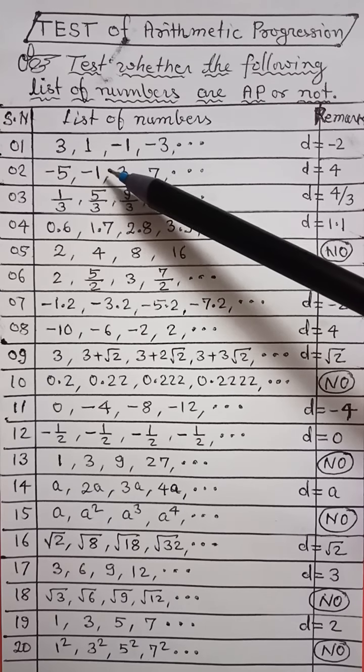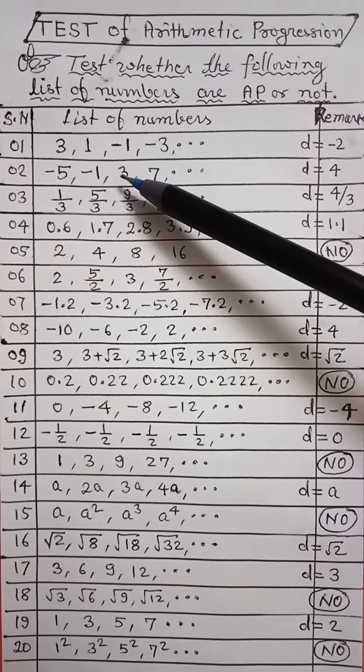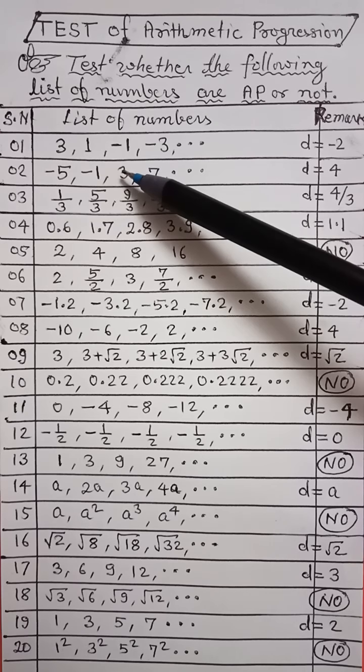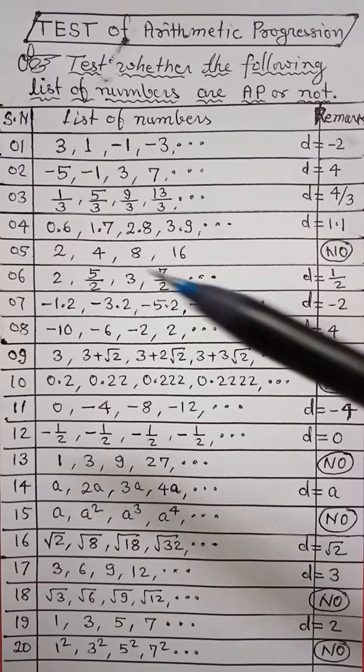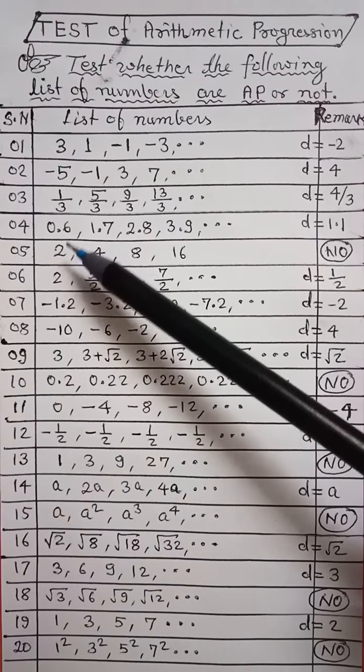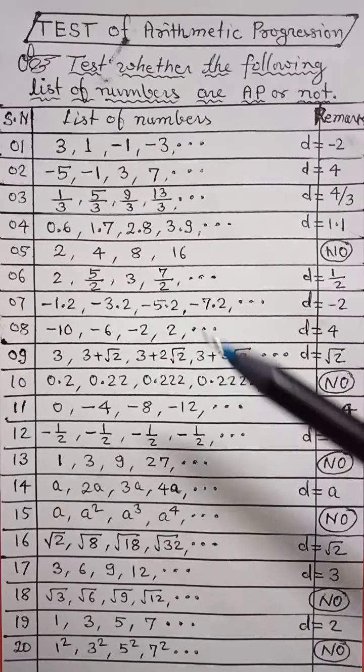Similarly here 3 minus of -1, that is 3 plus 1, that is 4. Again 7 minus 3, that is 4. Hence the difference is 4 and this is common difference. Any term minus its preceding term is constant. So you will get 4 at every stage.